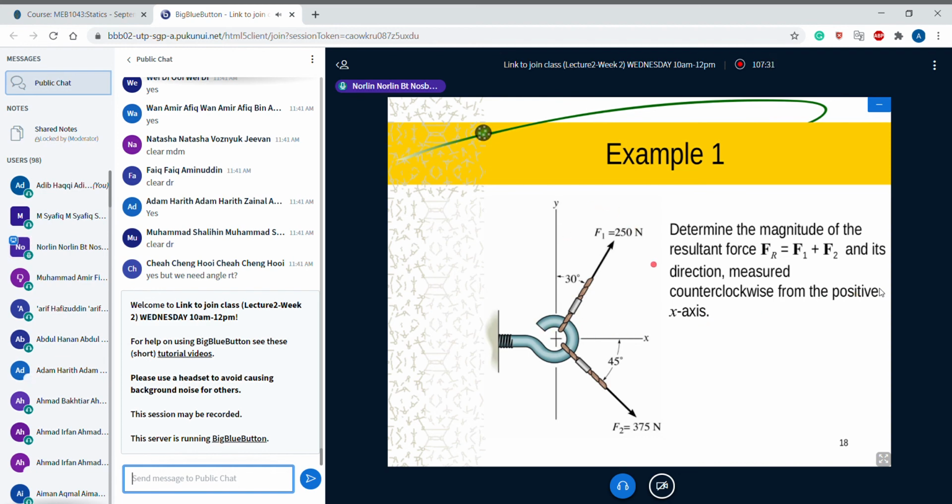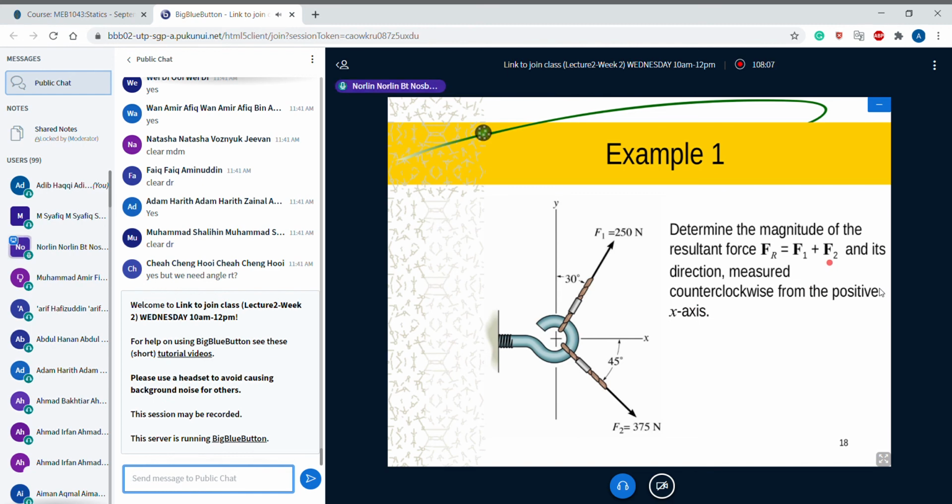So this part at the bottom here is the positive x-axis. So this one is positive y, and for x, this one is positive. So at this point, you need to find the direction. So how do you want to find FR and F2?